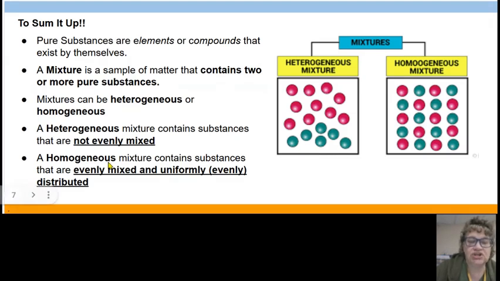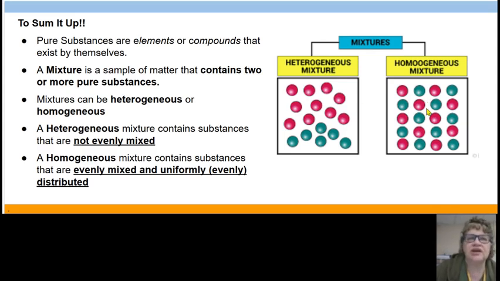A homogeneous mixture contains substances that are evenly mixed and uniformly distributed, and you would have to perform some pretty elaborate experimental methods to separate them. Okay. So heterogeneous mixtures can be easily unmixed.